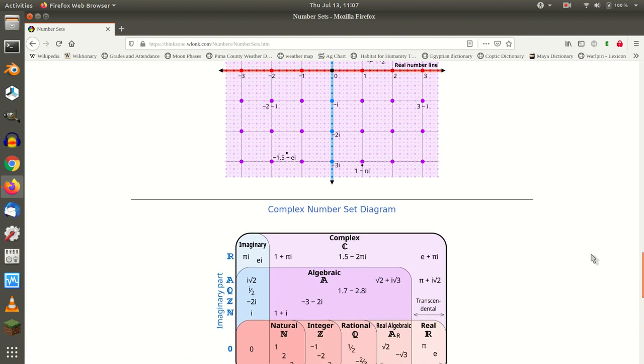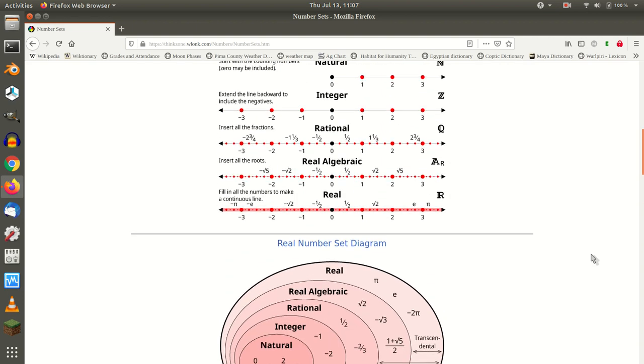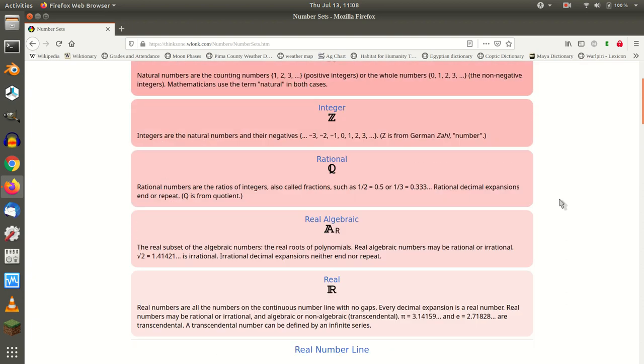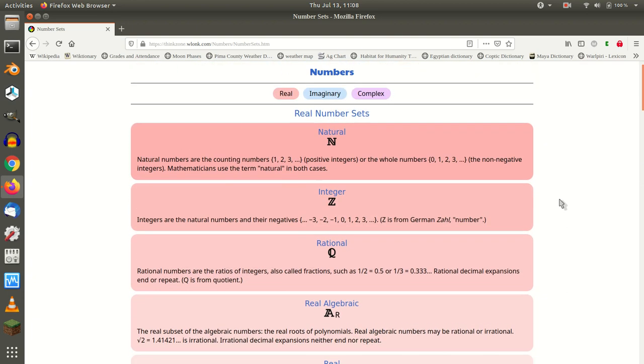Maybe. I don't know. But you also have these notes, like 0 may be included. So this implies that we're assuming it's not, but it could be. But you drew it as if you're assuming that it is. And then the words don't match. What the fuck? This is so fucked.